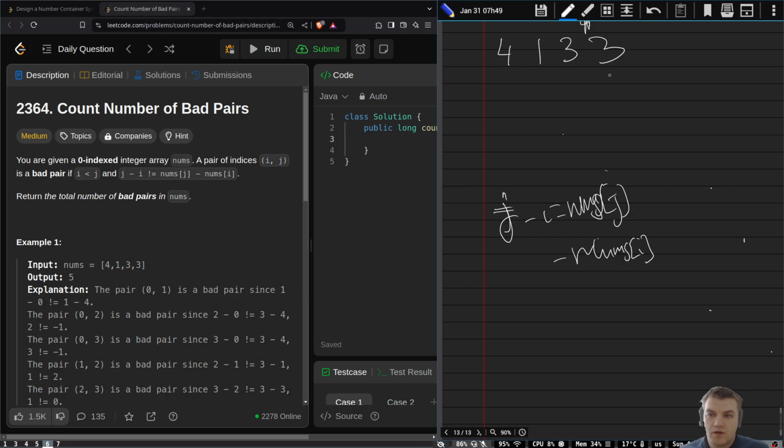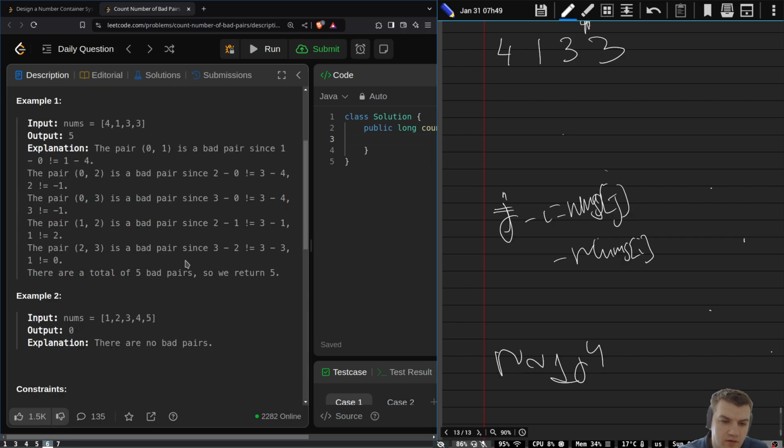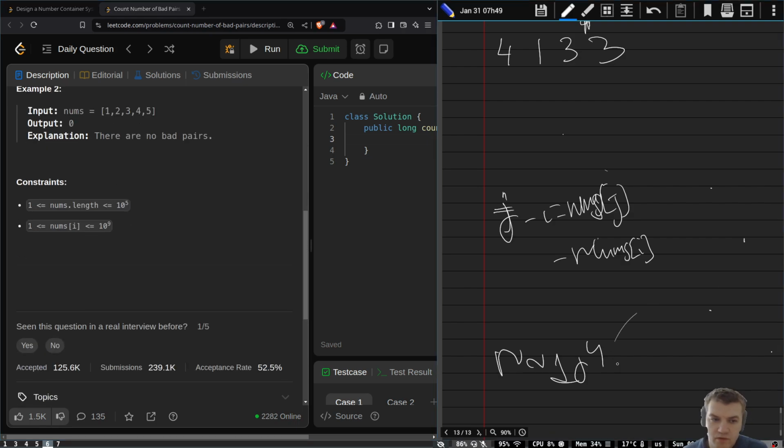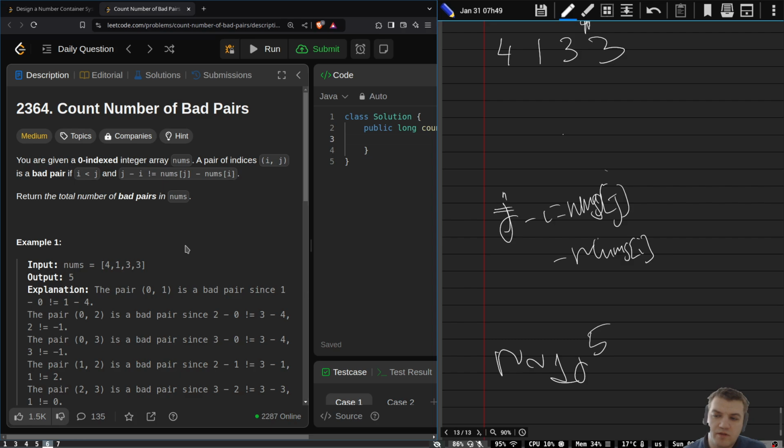And the number n is 10 to the power of 4, I guess, even 5. So I need to figure out what the strategy is gonna be, and it should be log linear at maximum.